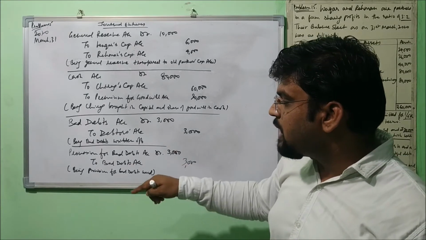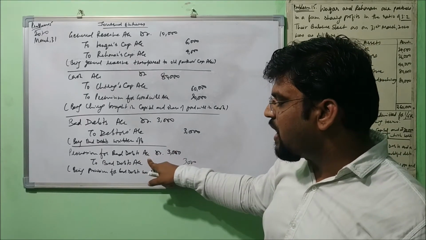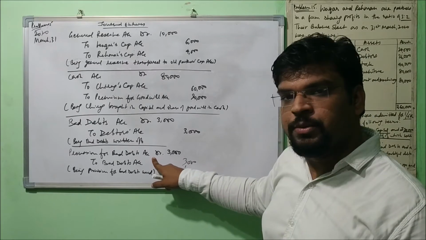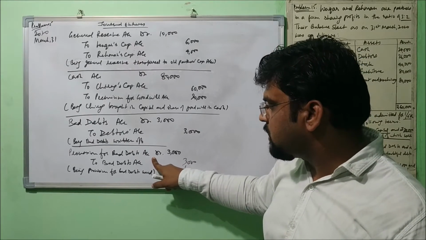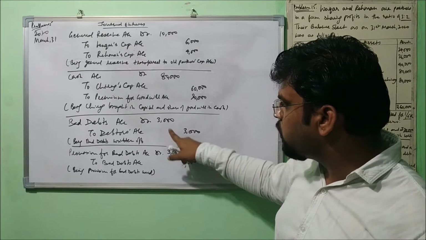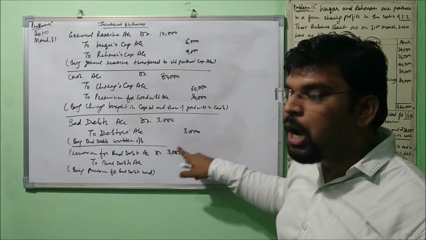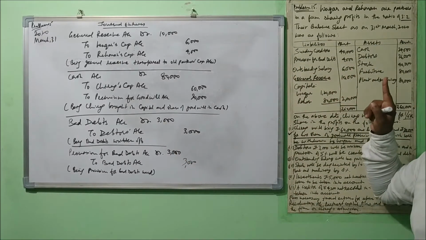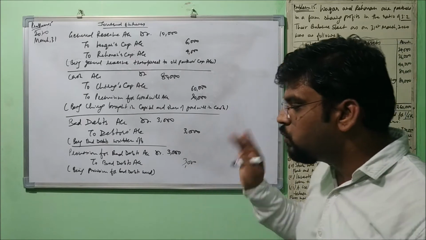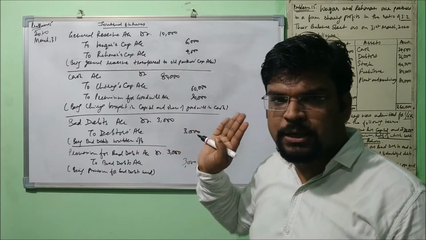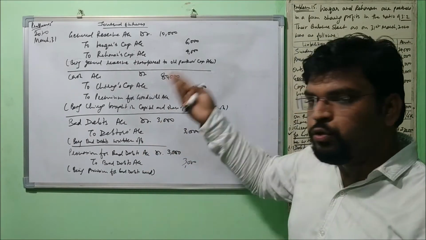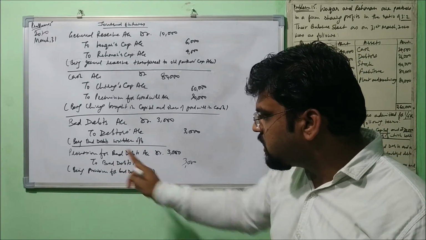So we are utilizing the liability here, that is why the liability is being debited. Provision for bad debts is debited by 3,000 because we are using only 3,000. However, we have the fund of 4,000, but we need to use only 3,000. 1,000 will be balance remaining there for future reference. Understood the point? So this entry is done.